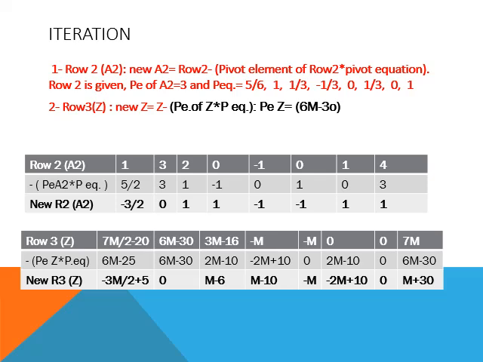And the new Z is the result of subtracting row 2 from row 1. So we found -3 over 2 plus 5 0 m, -6 m, -10 m, -2m plus 10 0, and m plus 30.